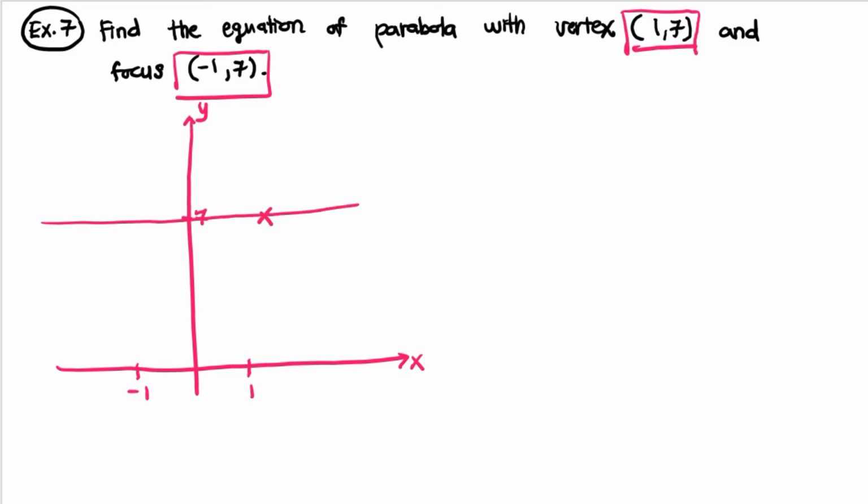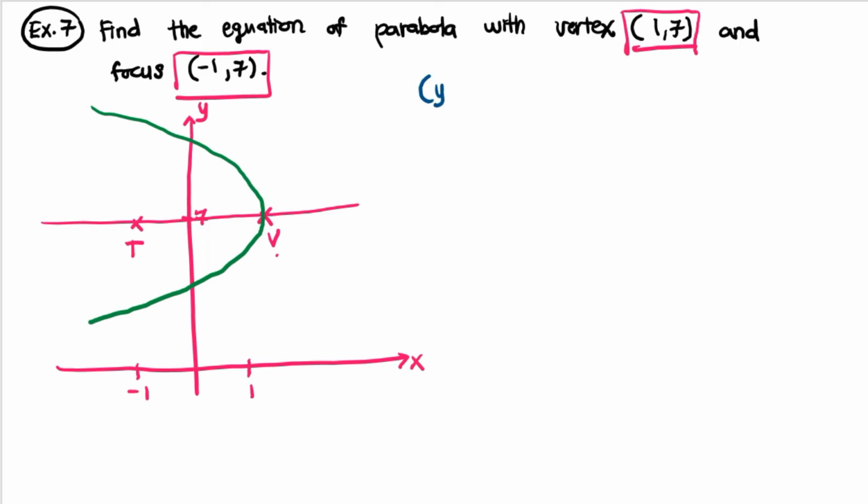So (1, 7) is the vertex, and (negative 1, 7) is the focus. With the focus here and the vertex here, of course our graph will be something like this. Now when we have this type of equation, we should know that it opens to the left.